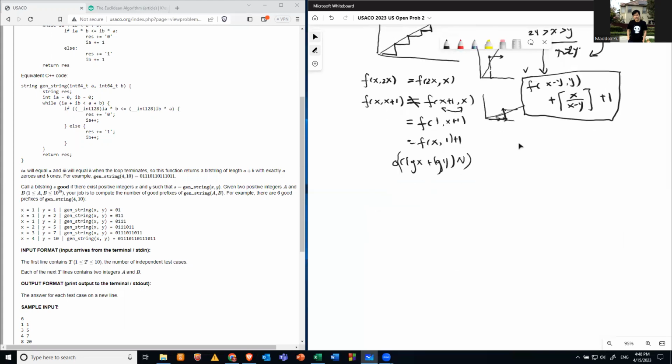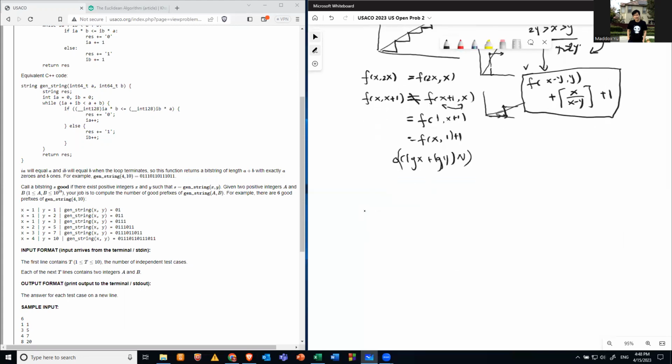Again, I'll just write it here for you guys, easier to understand. f(x, y) equals, when x equals y, this thing is 2x minus 1. When x is less than y, this thing is f(x, y minus x) plus 1. You remove the small one from the big one.